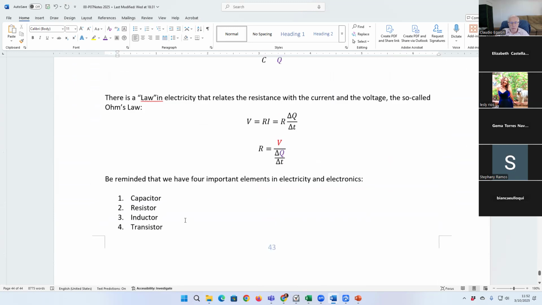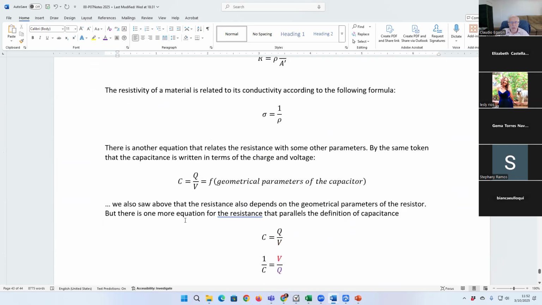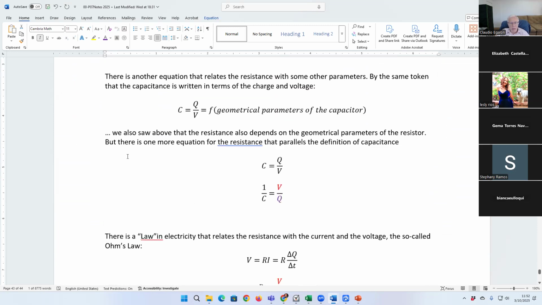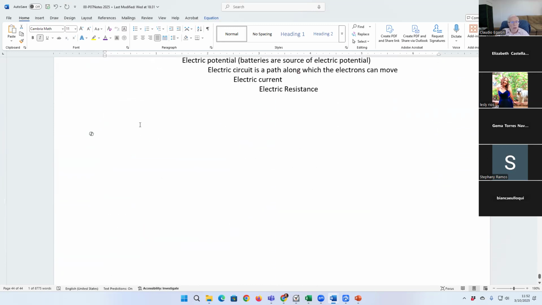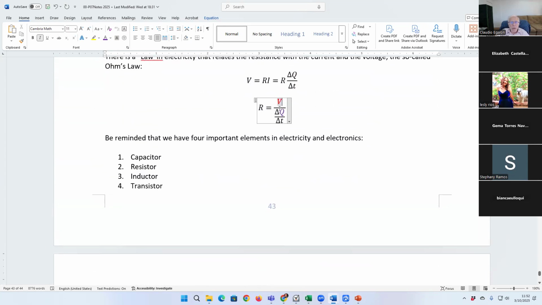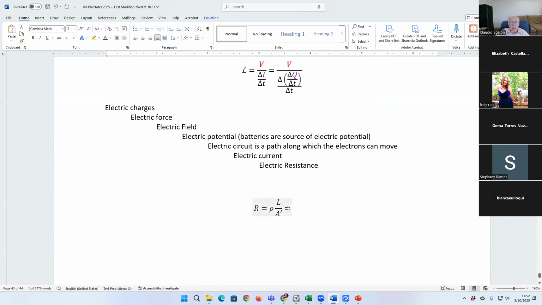There are two equations for the electric resistance that you saw, right? One is given by the geometrical parameters and the other is given by Ohm's law, which is, here you go, V over I. I'm going to put I here to simplify the equation, or V equal to Ri.